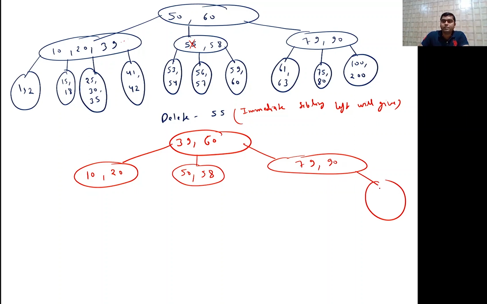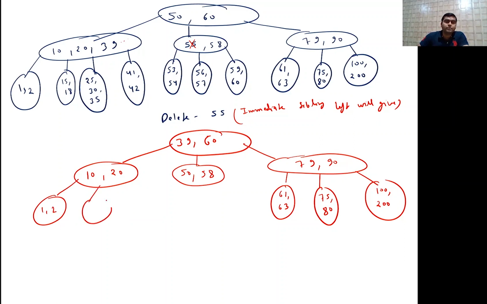So on the right side there is no change, so it is 100 and 200, in between 75 and 80, and before that 61 and 63. Okay, and left of this is what? 1 and 2. Observe very carefully. Between 10 and 20, 15 and 18, only two elements.